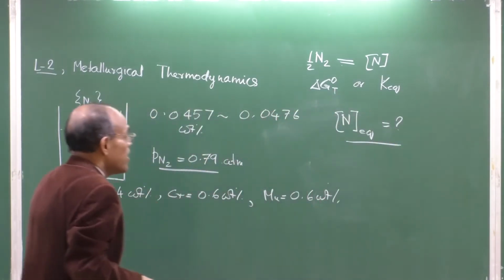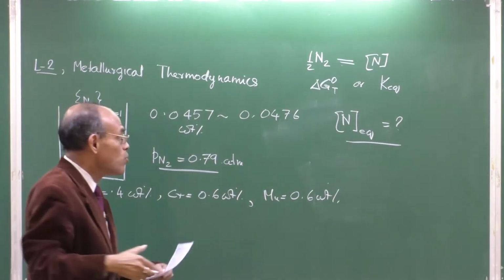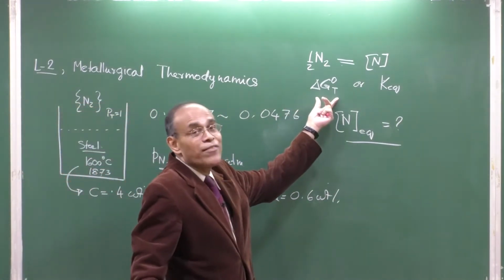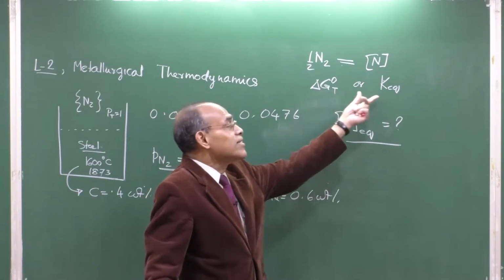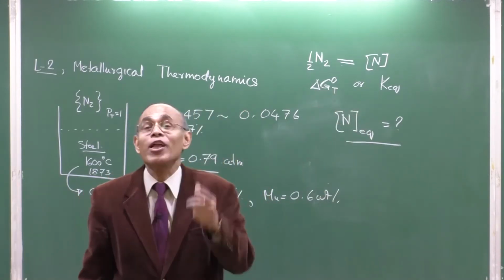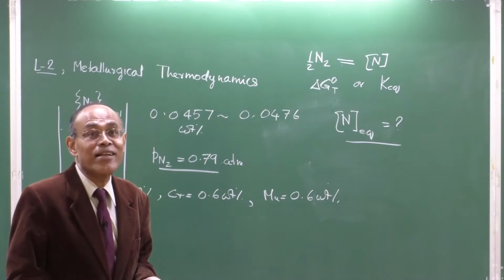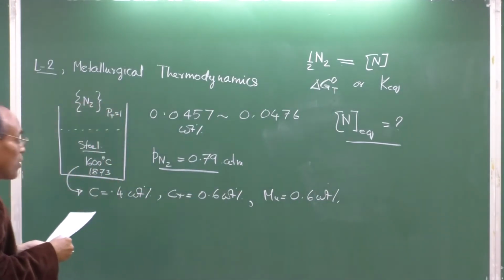Let us say that the equilibrium constant, yesterday we have shown that if delta G naught is given as a function of temperature, you can easily calculate the equilibrium constant by invoking that formula delta G naught is equal to minus RT ln K equilibrium.